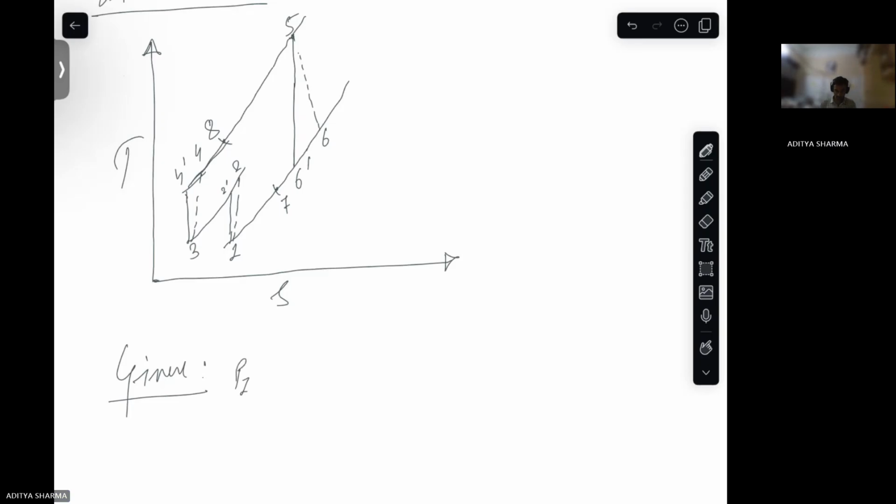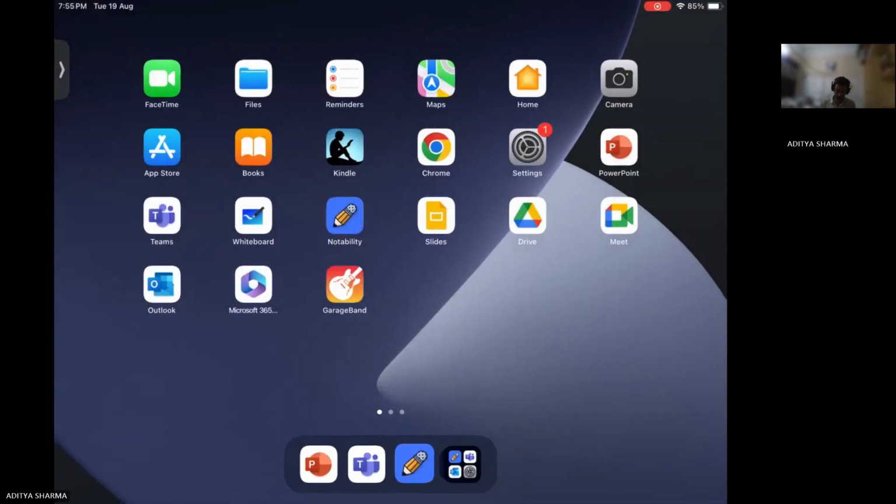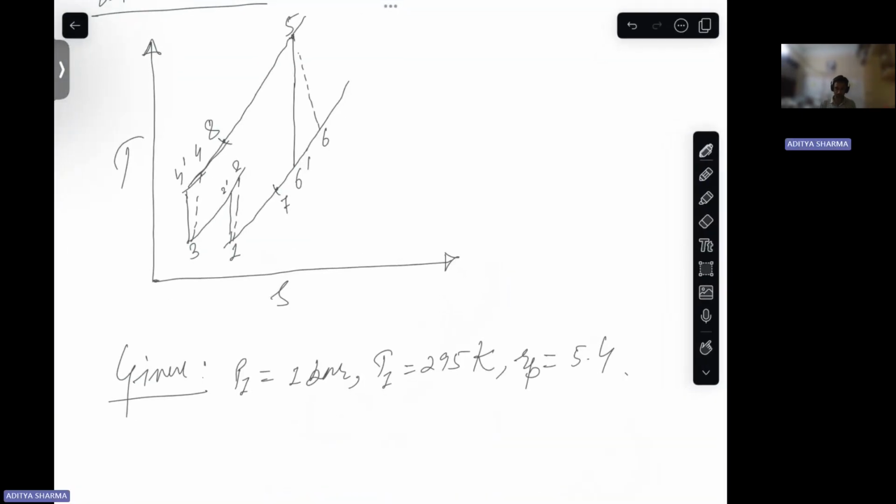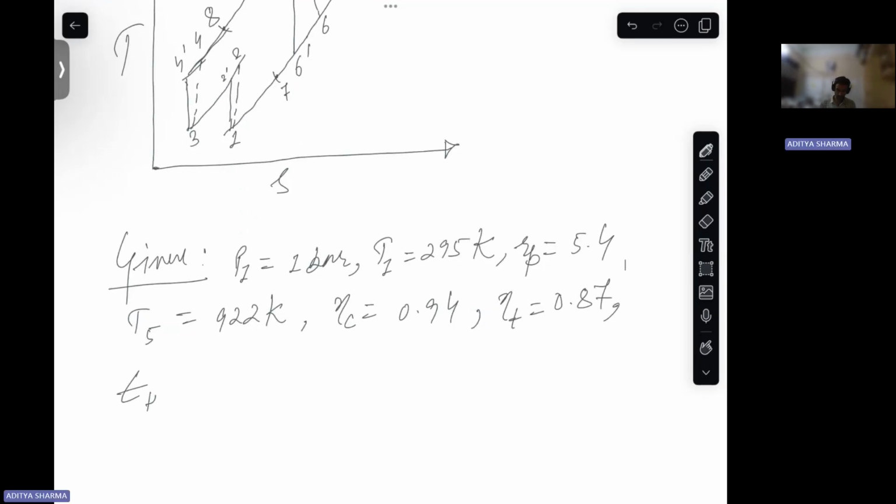Given compressor inlet pressure is 1 bar, temperature is 295 Kelvin, pressure ratio has been kept at 5.4, maximum temperature 922 Kelvin, efficiency of compressor 0.94, of turbine, then effectiveness of your heat exchanger is 0.78.